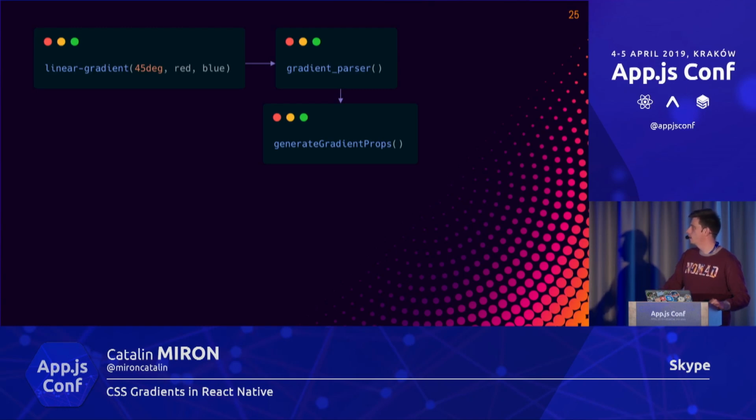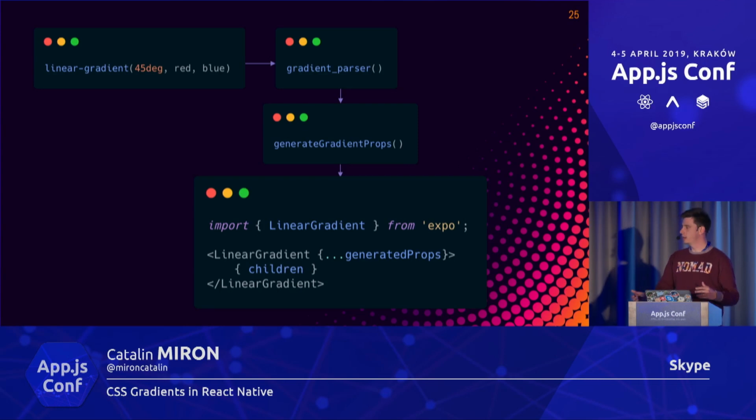More or less, there are multiple methods that are going to calculate the properties for linear gradient, and then finally render the linear gradient using Expo. By the way, this library is super tied to Expo, so it's not going to work if you're using React Native linear gradient. I'm still working on making it happen, but feel free to use only the helper for now.